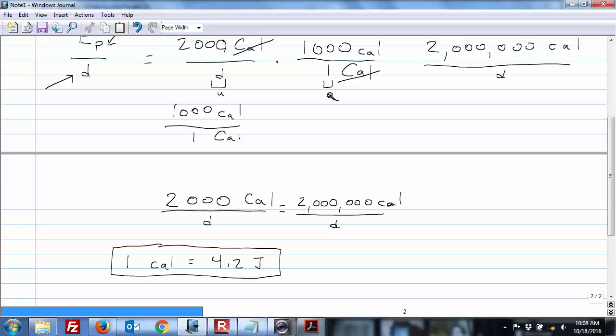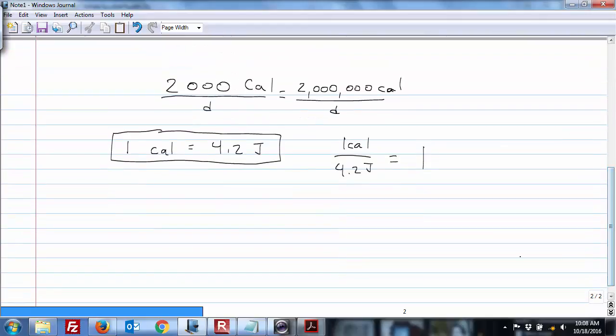It equals 1. That's really key to understanding the whole thing. These two things equal each other.